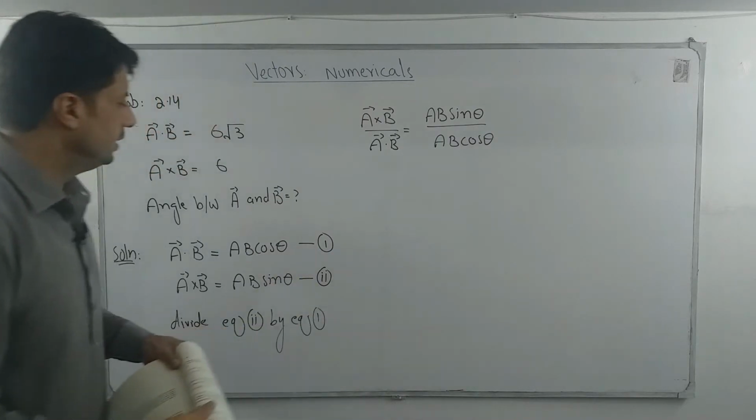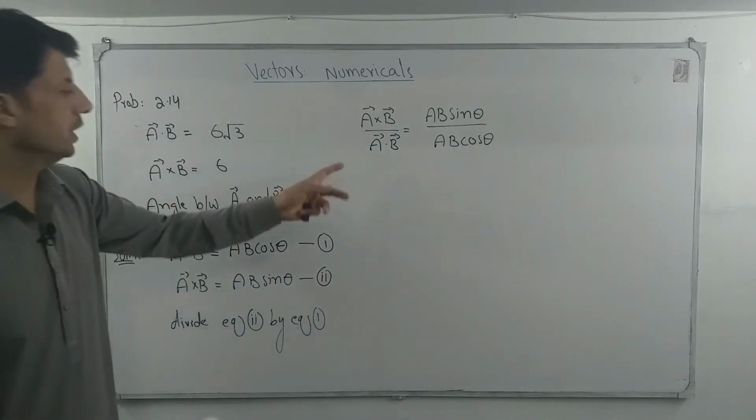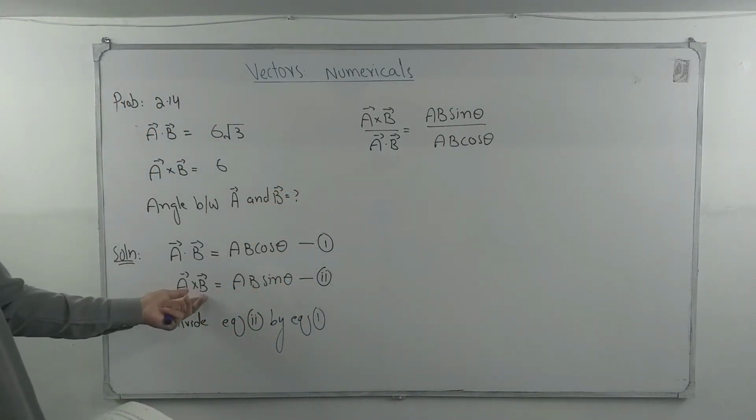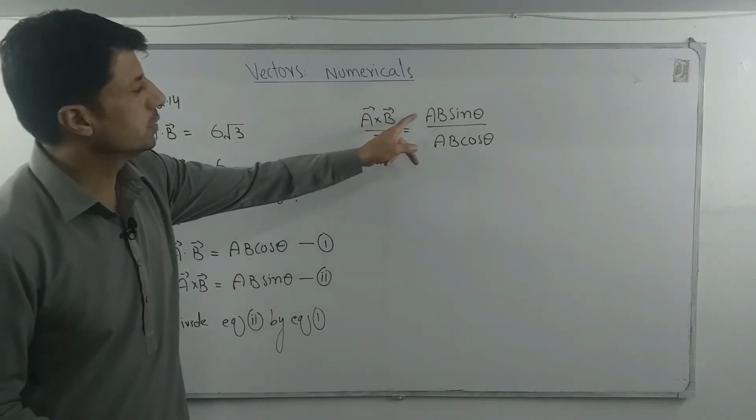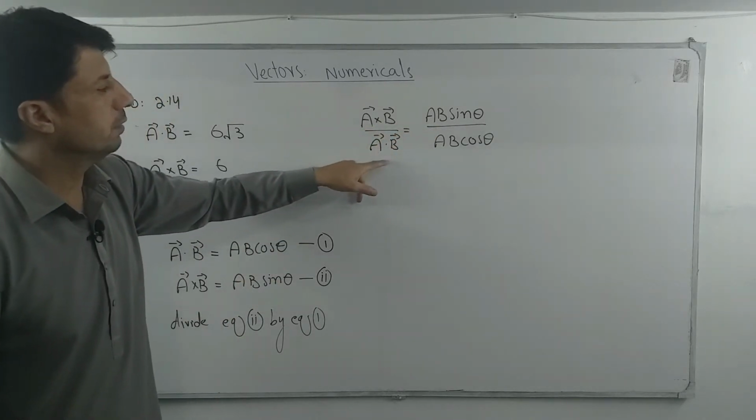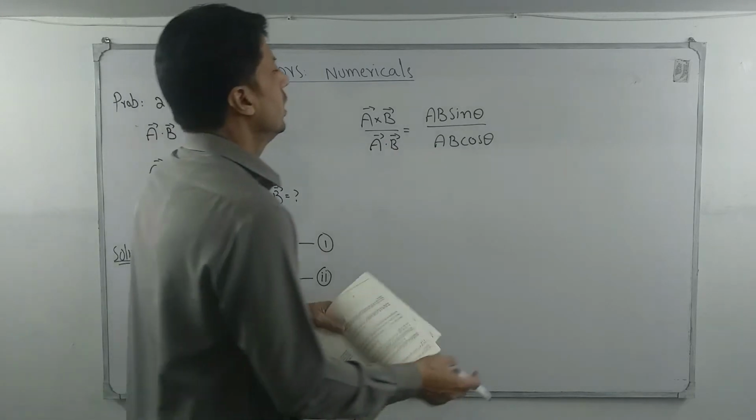So we divided equation 2, A cross B equal to AB sin theta, by equation 1, A dot B equal to AB cos theta. Now what can we do?